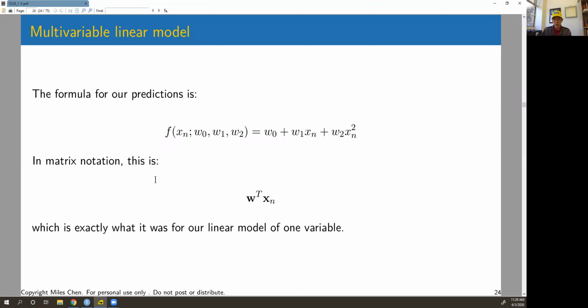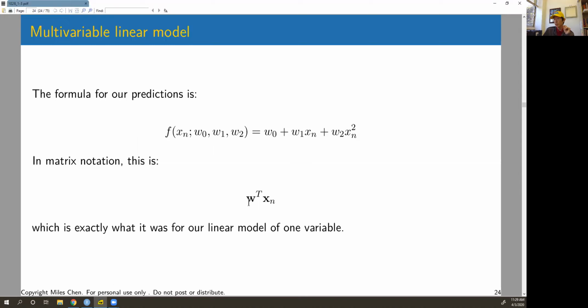When we have the intercept, the linear x term and the quadratic x term, our predicted values are going to be w0 plus w1 times xn plus w2 times xn squared. This is what it looks like written out, but we can express it in matrix notation as W transpose xn.